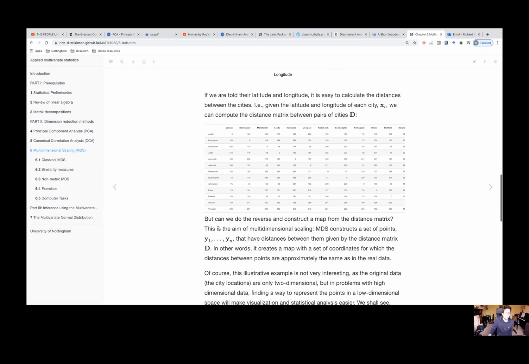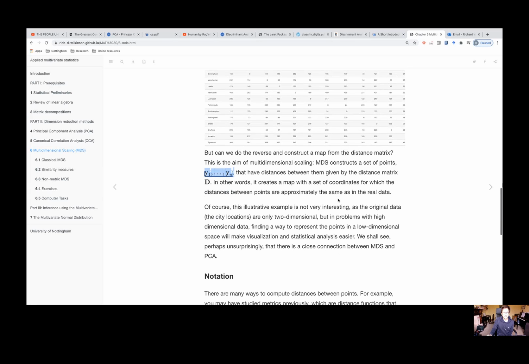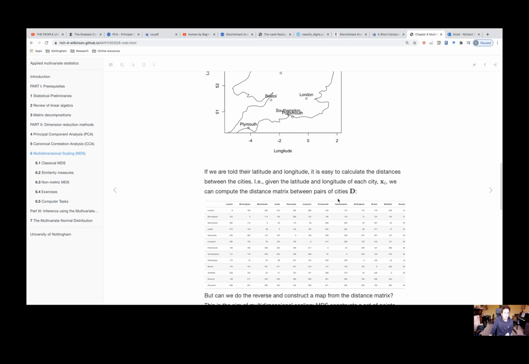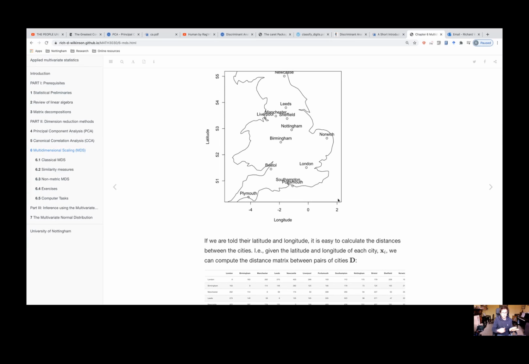So for n cities, we want to find a set of n points for which the distance matrix of these n points is D. And we're going to do this only starting with the distance matrix. So that's the aim of MDS. Instead of starting with data, we start with a distance matrix, and from a distance matrix, we want to find coordinates that have those distances.